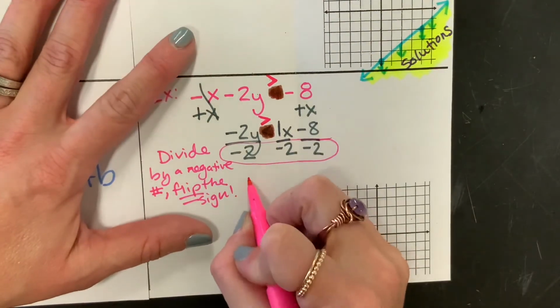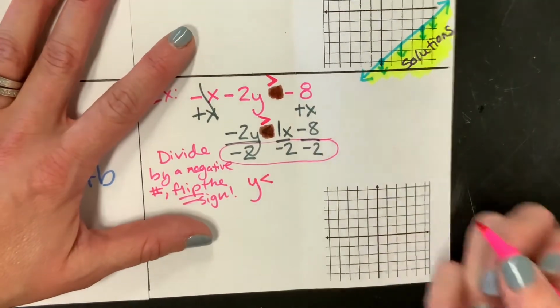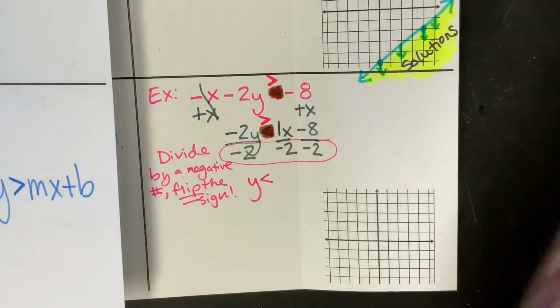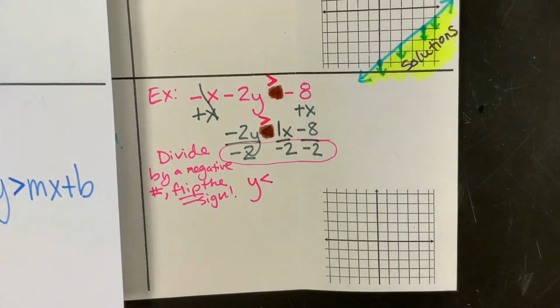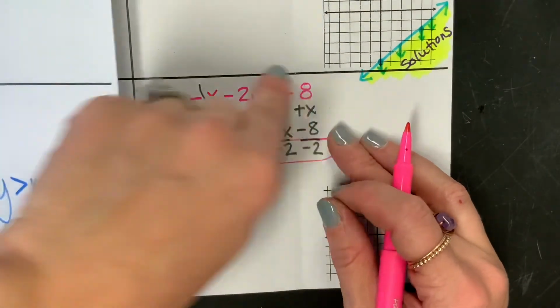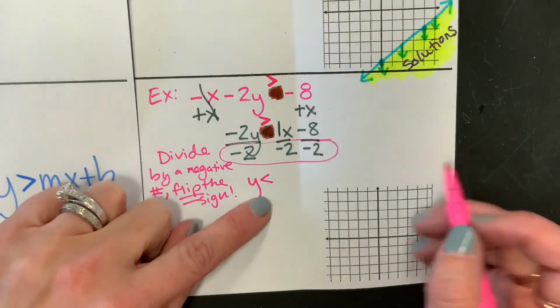Less than. Now it's the less than symbol. I screwed that up, didn't I? Okay, we're going to assume that I had planned for it to flip and started it out with the greater than symbol. Now we flipped it around.